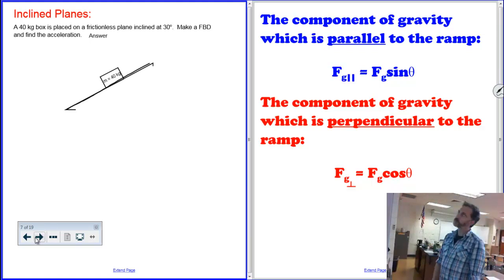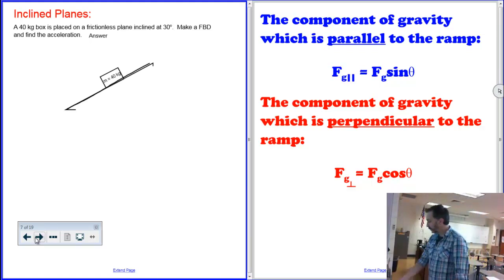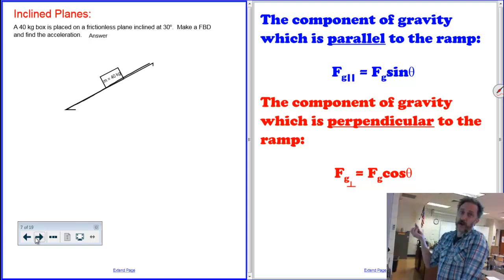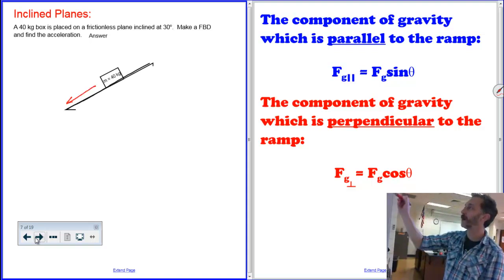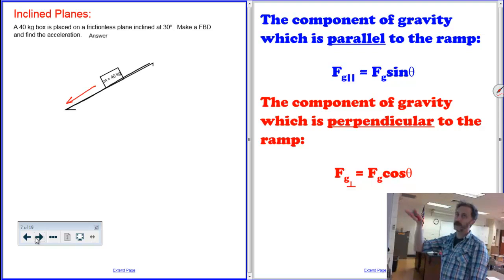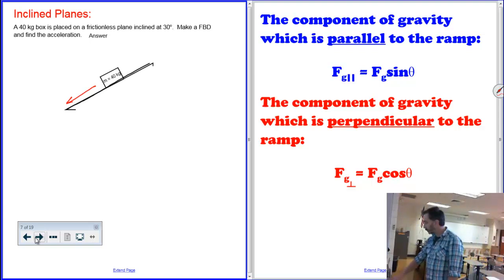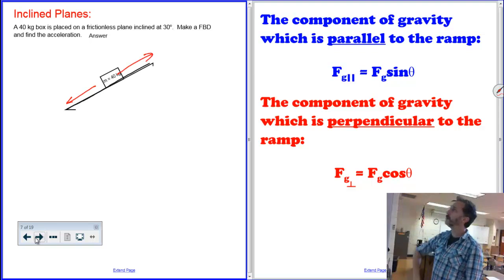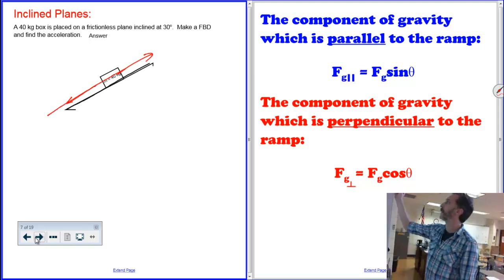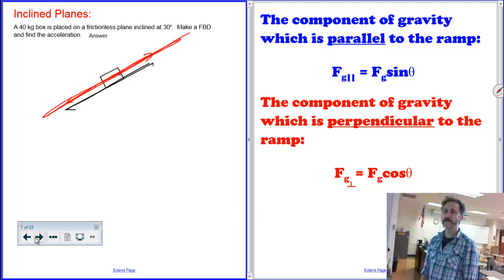If we don't touch it and there's no friction, it'll slide down the ramp. If there's friction, then it'll either not slide at all or slide down the ramp. Or maybe we're trying to push the box up the ramp. But regardless, most of our motion is going to occur along an axis that runs this way.